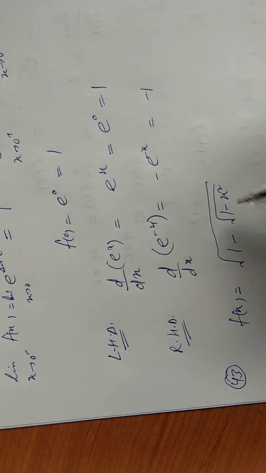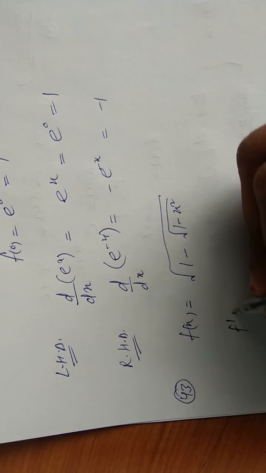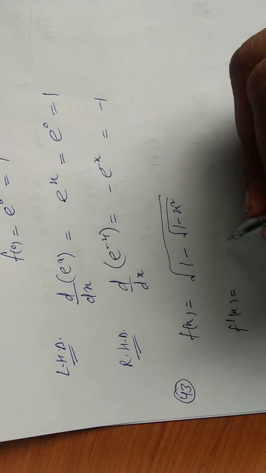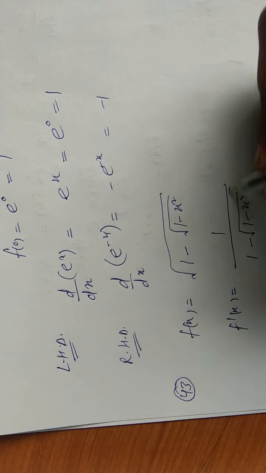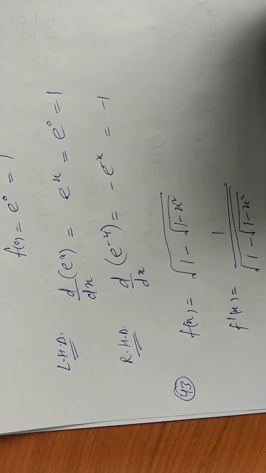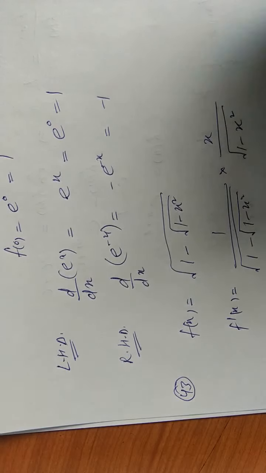We can clearly see that the domain of f(x) is from minus 1 to 1. Let's calculate f dash first. So it would be 1 upon 2 root of 1 minus x square into minus 2x, that is, x upon root of 1 minus x square.